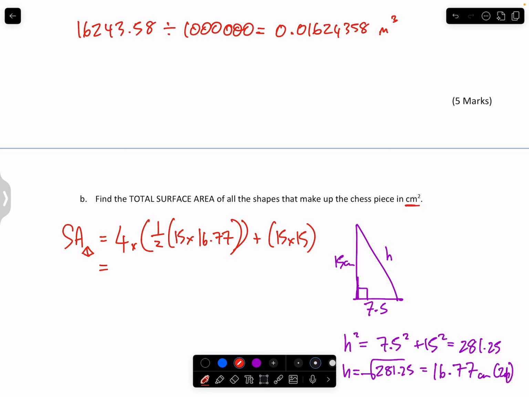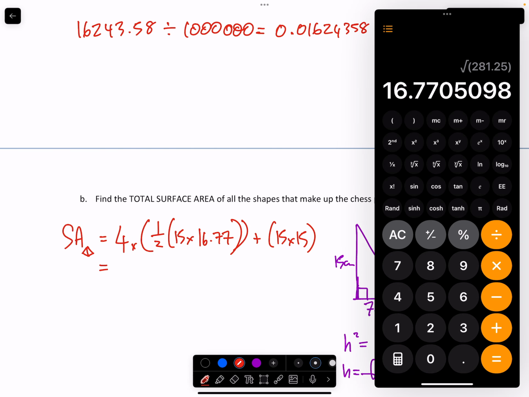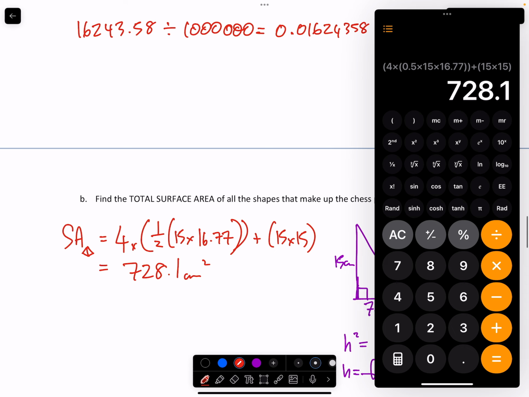So 4 times the bracket, 0.5 times 15 times 16.77, and add 15 times 15 to that, and you get 728.1 square centimeters for the pyramid.